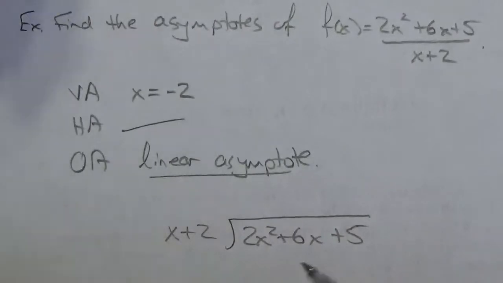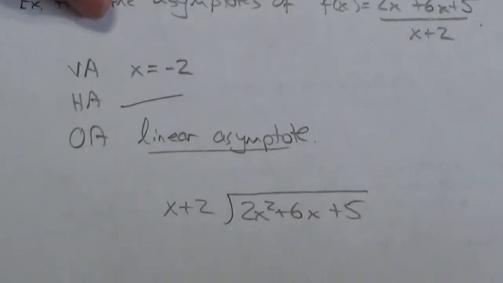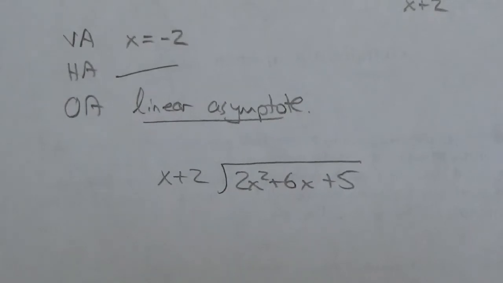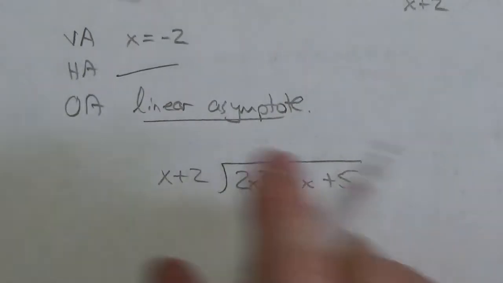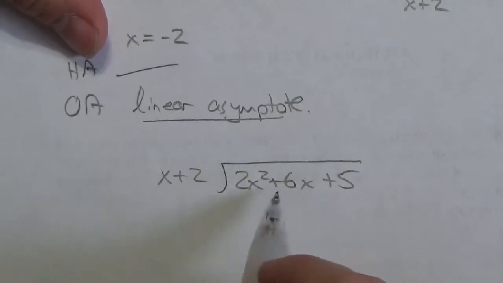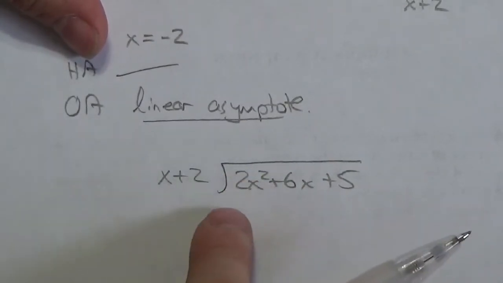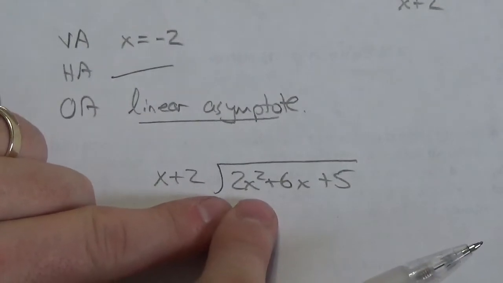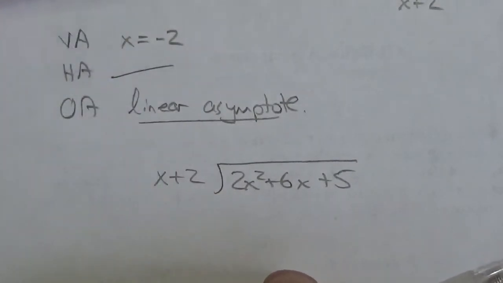It could very easily be a cubic over a quadratic or a quartic over a cubic, in which case your synthetic division is not nearly so useful to you. So we're just going to do polynomial long division here, and I'll show you how I would set this up. Remember that when I divide this out, I look at my dividend and my divisor, and my goal is to systematically remove terms from the dividend.